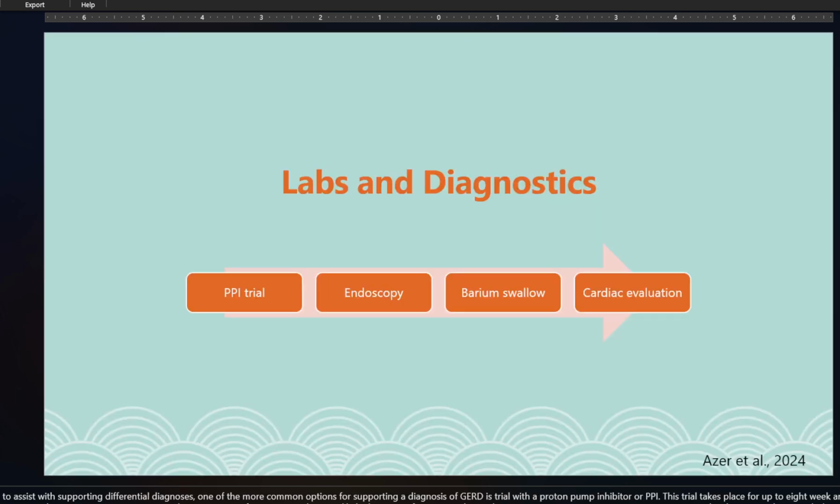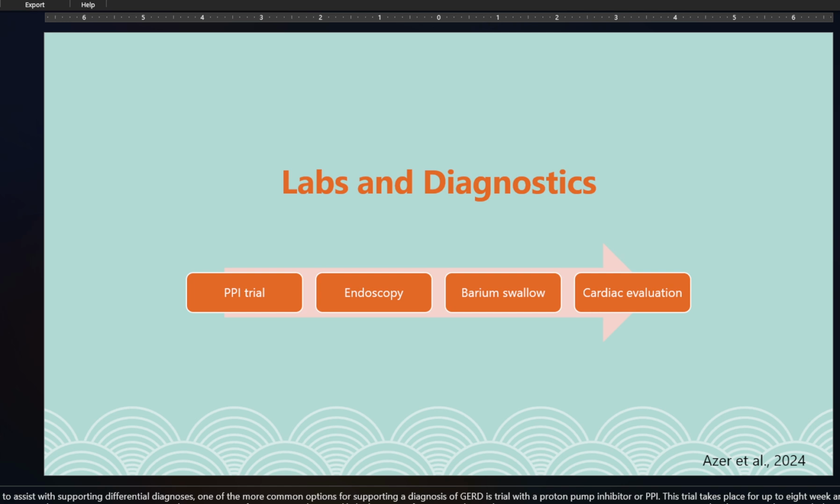For collection of data to assist with supporting differential diagnosis, one of the most common options for supporting a diagnosis of GERD is the trial with a proton pump inhibitor, or PPI. This trial takes place for up to 8 weeks and a reassessment of symptoms is completed. A positive response and improvement in symptoms indicates a likely diagnosis of GERD. Those who are experiencing much more worrisome symptoms associated with GERD, such as weight loss, or those who are at high risk, should be evaluated through endoscopy prior to a PPI trial.